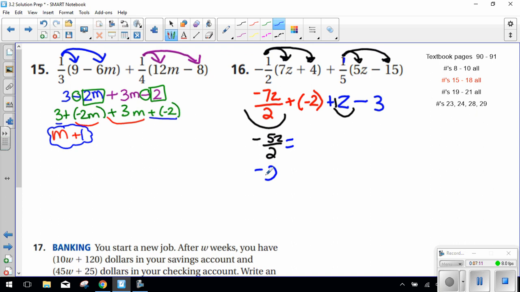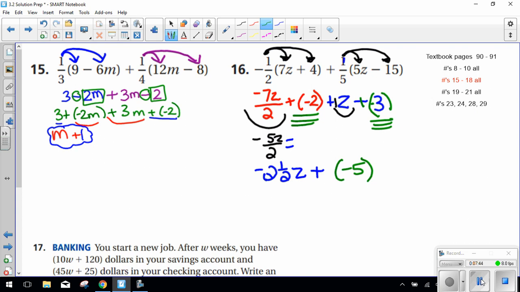So we get negative 2 1/2 z plus negative 2 plus negative 3 is negative 5. Okay, I just took this minus, made it a plus, and then took the opposite of what came next. Negative 2 plus negative 3. Okay, it's the end of number 16.